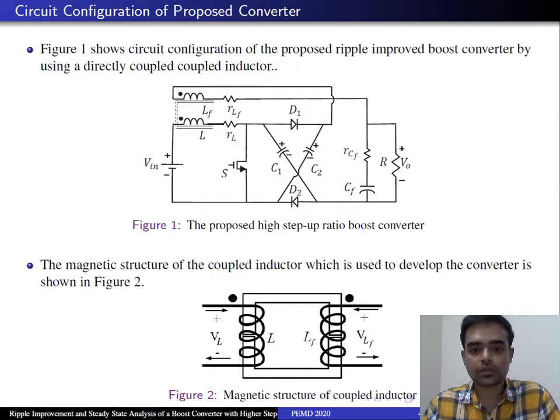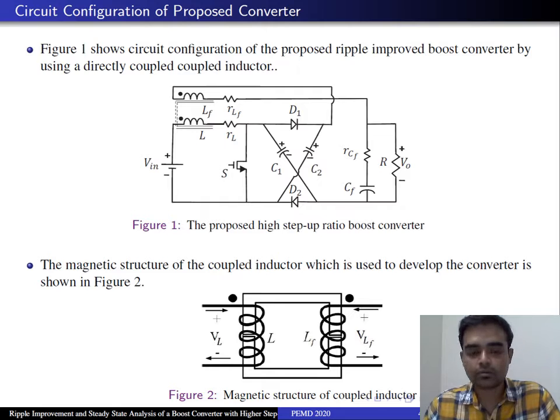Here, the voltage conversion ratio we will get will not be affected by the coupled inductor, but the diode capacitor cell will modify that conversion ratio.